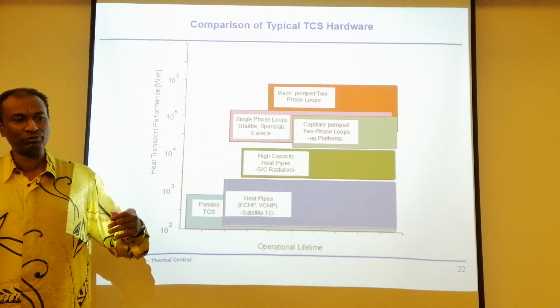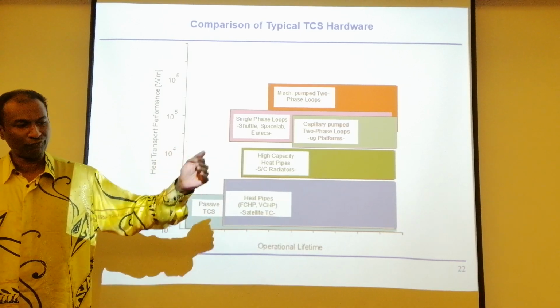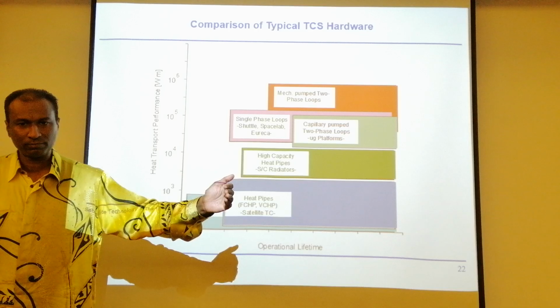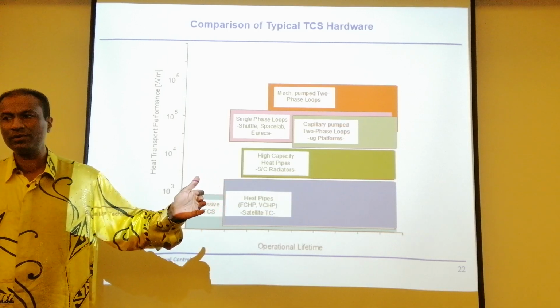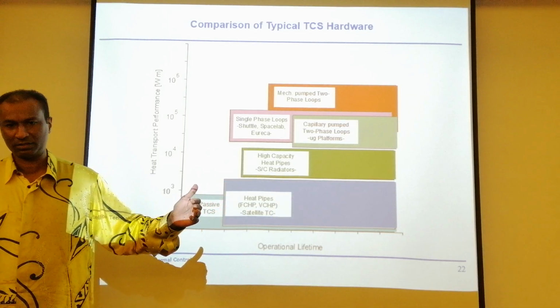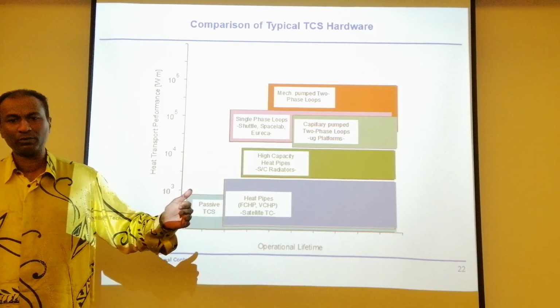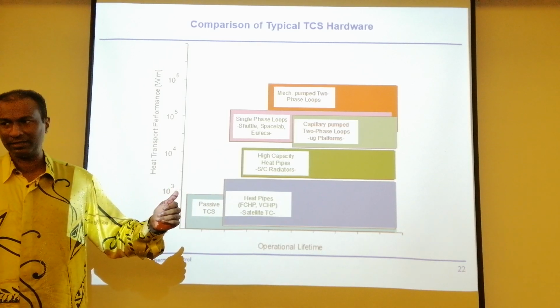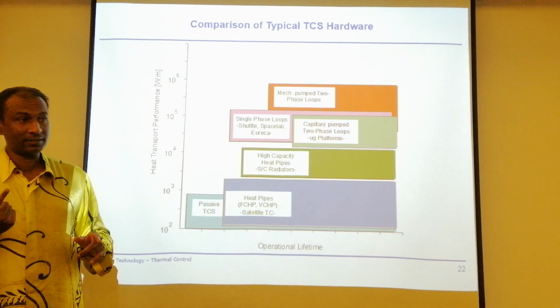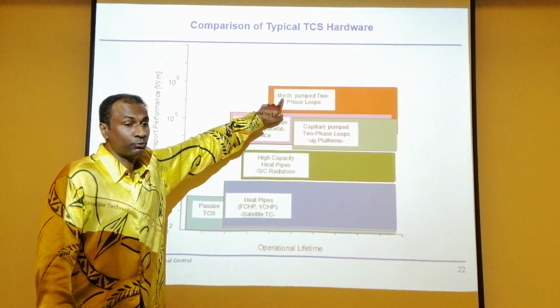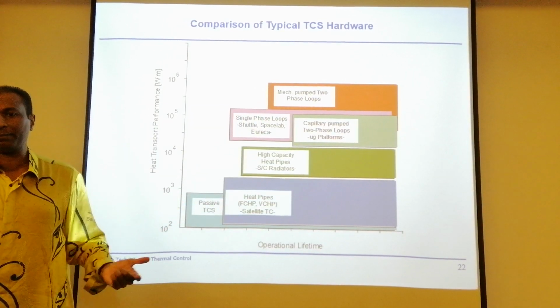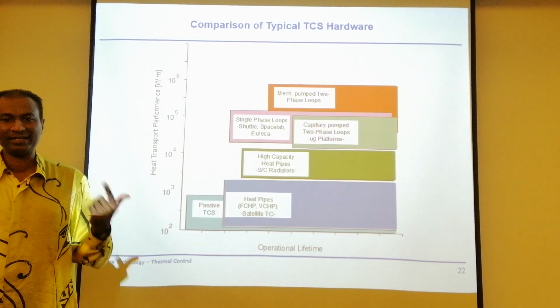Remember, heat is going to flow from a hot spot to a colder spot. That's how heat works. So that transportation works without electricity. If you want it to be fast, you put a pump. When you insert a pump, then it is going to be an active type.